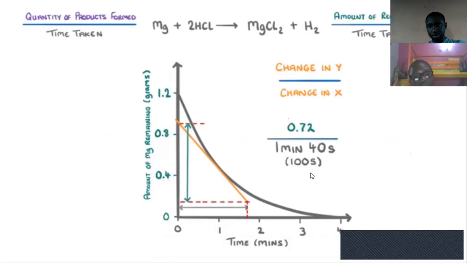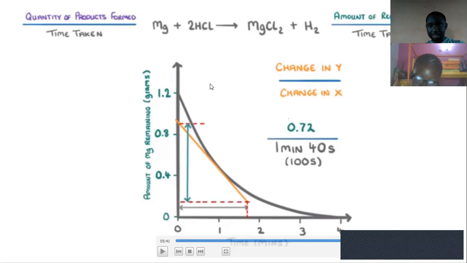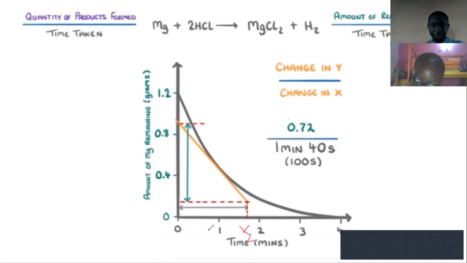There was no change in x, using 1.8, because here is 0 now. This is x2, this is x1, so that's why.